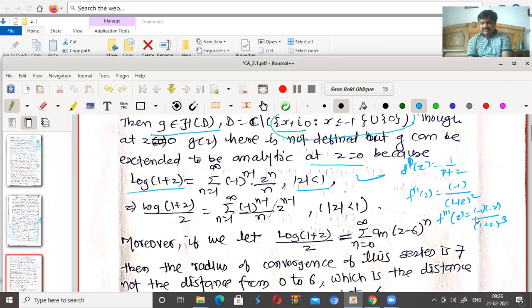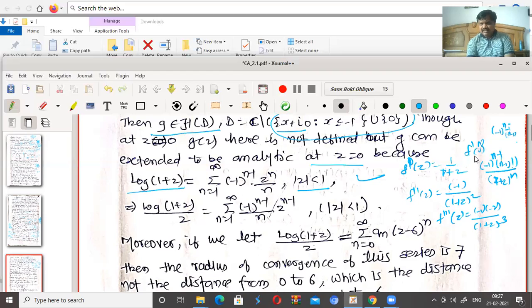So the nth derivative becomes minus 1 raised to n minus 1 into (n minus 1) factorial, divided by (1 plus z) to the power n. What is f^(n) at 0? It becomes minus 1 raised to n minus 1 into (n minus 1) factorial.